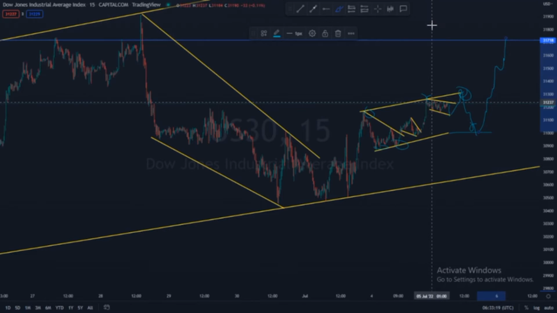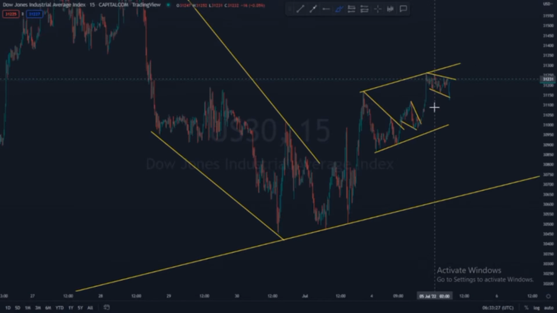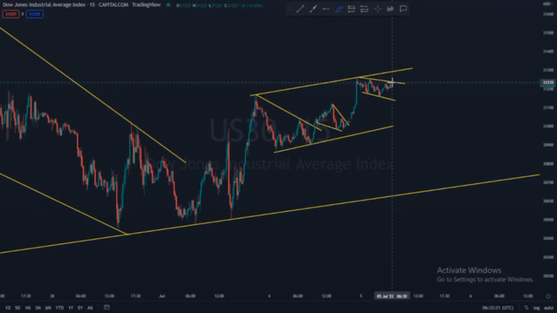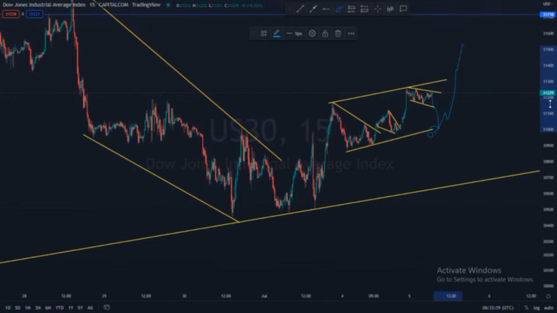Or if you don't get that session, that touch, you can have US30 probably moving to this session and coming to this session here before finally committing to the upside.